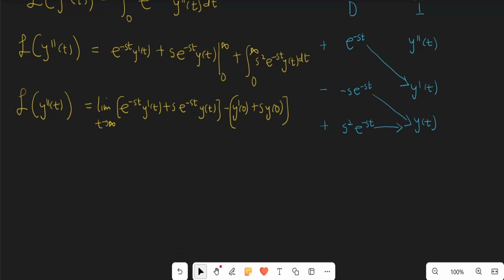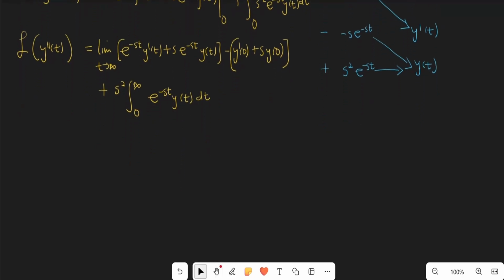So this is the lower limit and the upper limit. And now you add the integral. I'm going to continue from here. And now this s squared is a constant in the t world, I beg your pardon. So that's going to be s squared, and then the integral from 0 to infinity of e to the negative st multiplied by y of t and then dt.